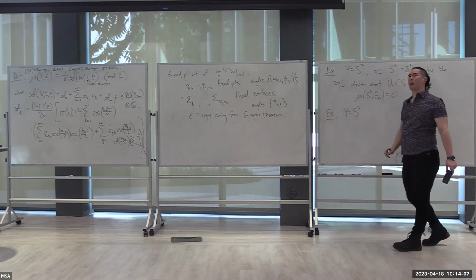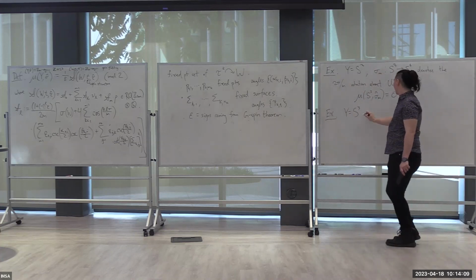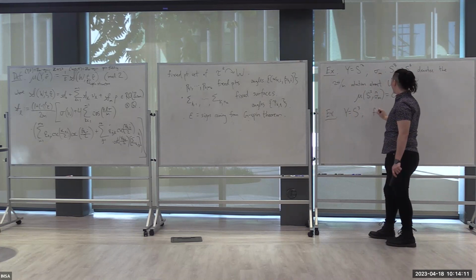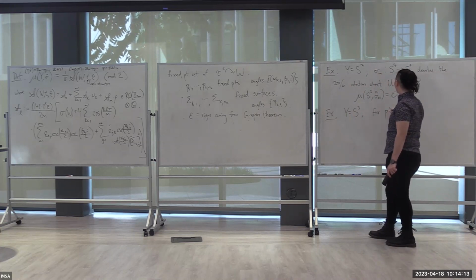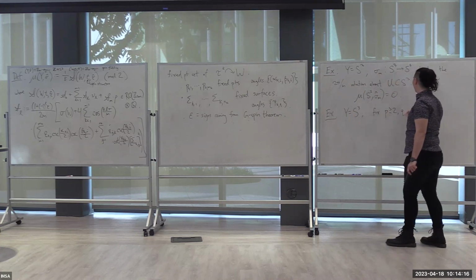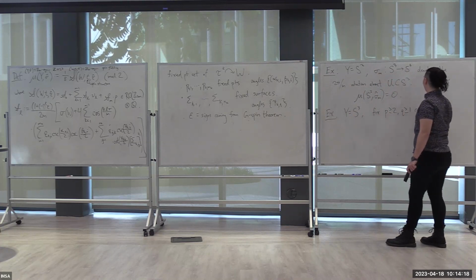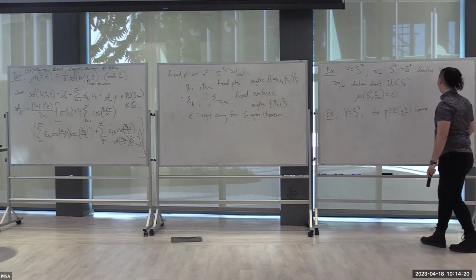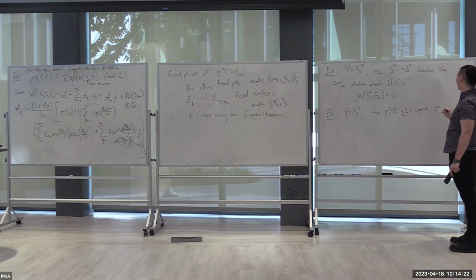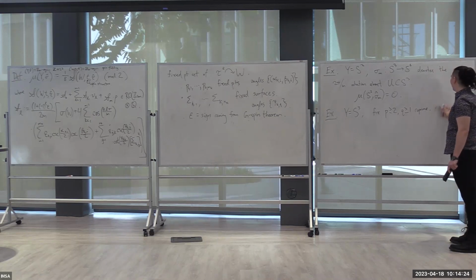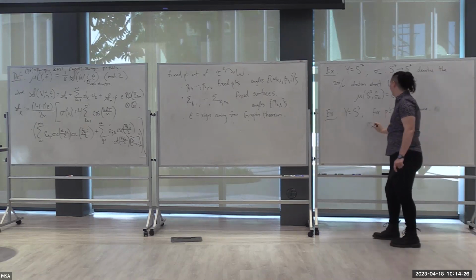Let's look at some more interesting actions on S3. All right, so let's fix p greater than or equal to 2, q greater than or equal to 1, coprime. And let's define sigma pq.